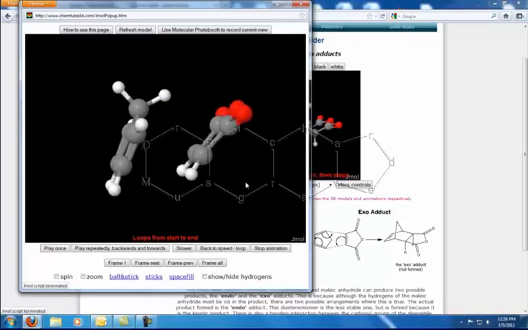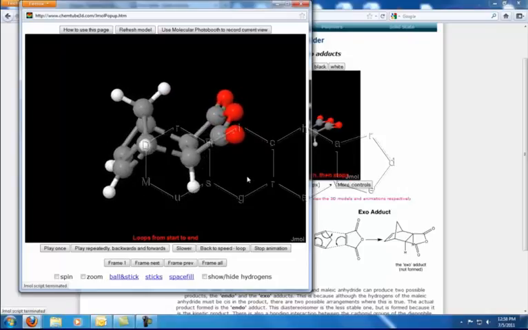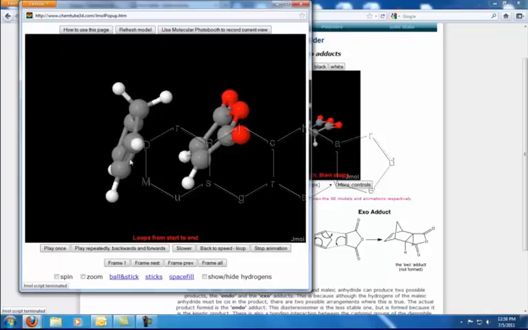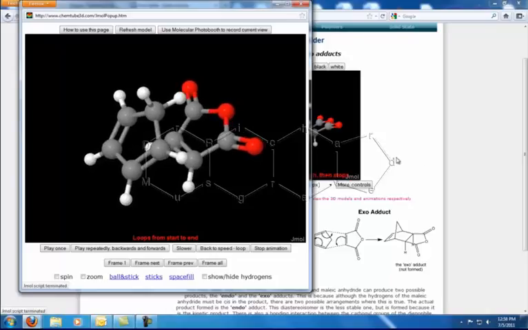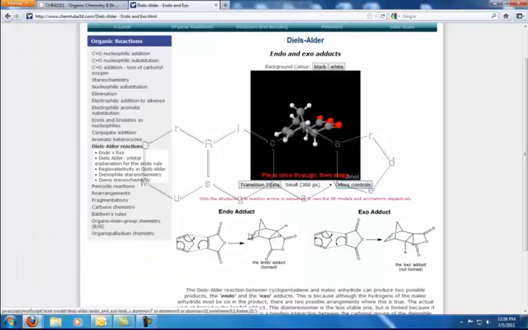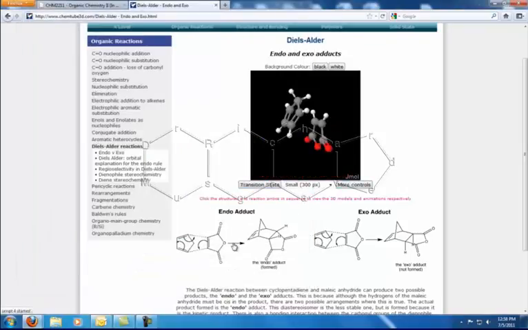Now the reason this one doesn't get formed is that these groupings here can't interact with the p orbitals that make up the diene because they're pointing outwards. However, let's go back to the endo here.